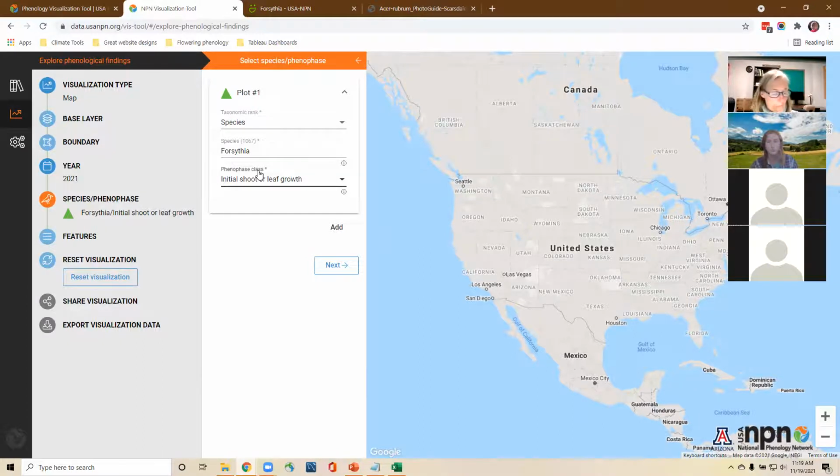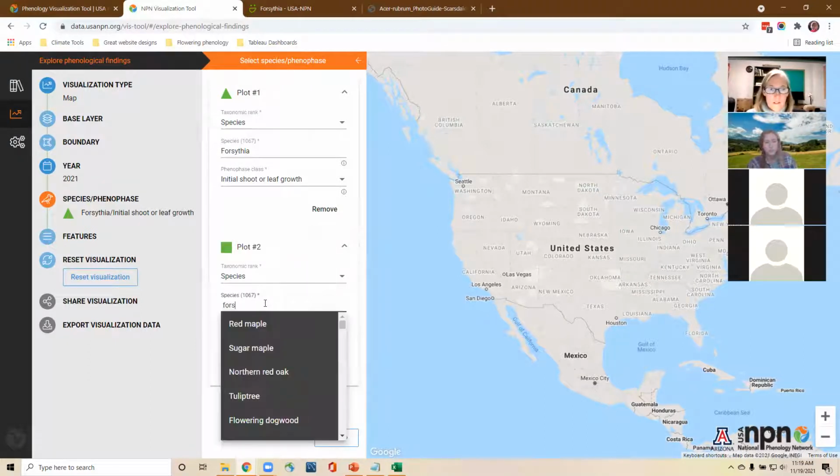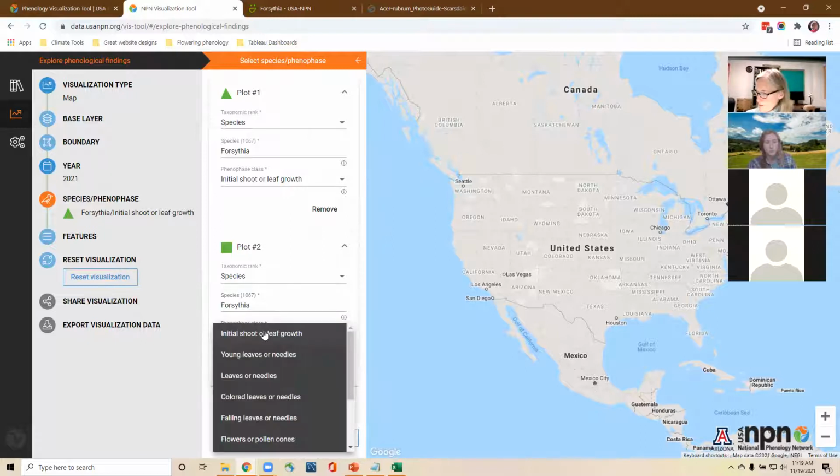For some plants, they're called breaking leaf buds. For things like grasses, it's called initial growth. So we made up names that encompass everything across all the functional types, so you could compare all of those things together in one visualization. So I'm also going to put on open flowers here.